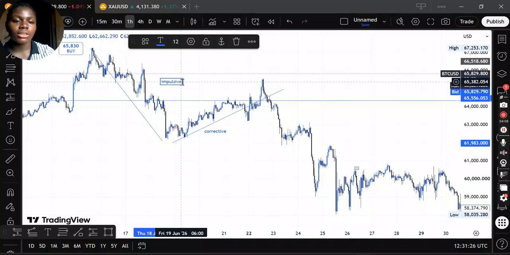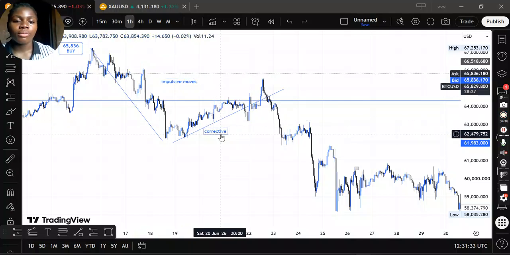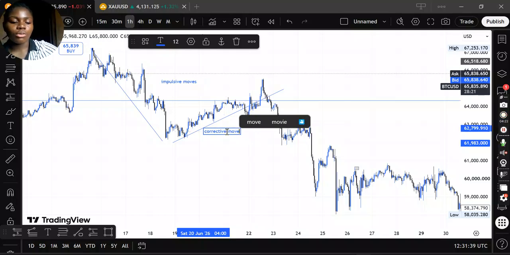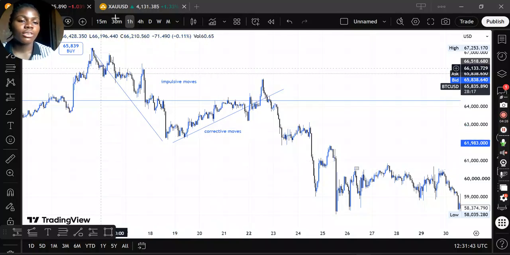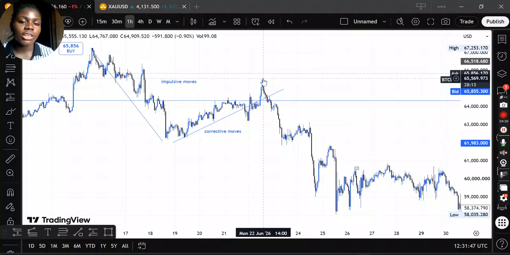I should include that. Impulsive moves. Sorry about that. And then the corrective move. So now it buys when it counters what the actual trend is.